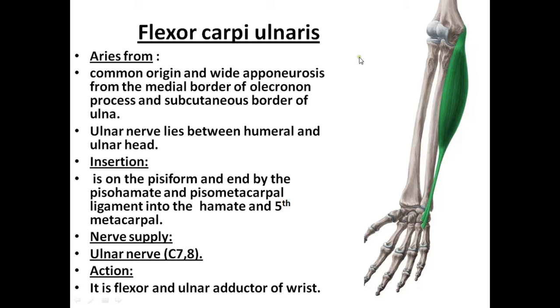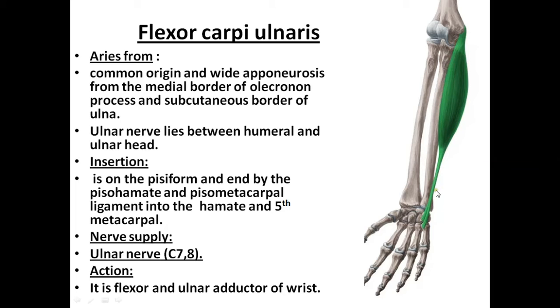It arises again from the common flexor origin, and it also originates from the medial border of the olecranon process or the subcutaneous border of the ulna. The two heads provide the passageway of the ulnar nerve in between them.